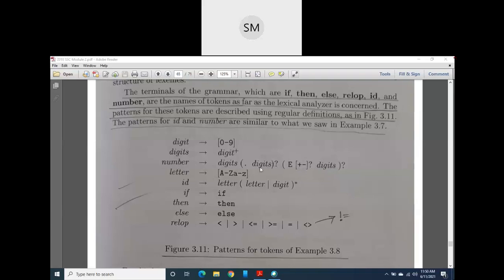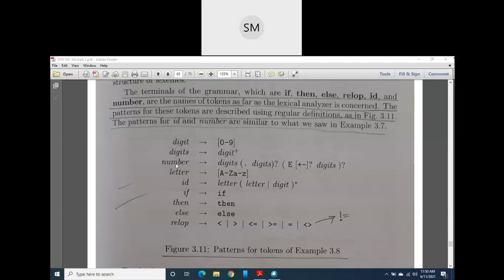And in this definition, on the RHS side, you can observe that digits is there, and here also digits is there, but you don't know what digits is, right? Earlier only you have defined it. Instead of defining it in the next line, you defined it before. Digits is nothing but digit plus, and digit is 0 to 9, which you already defined.